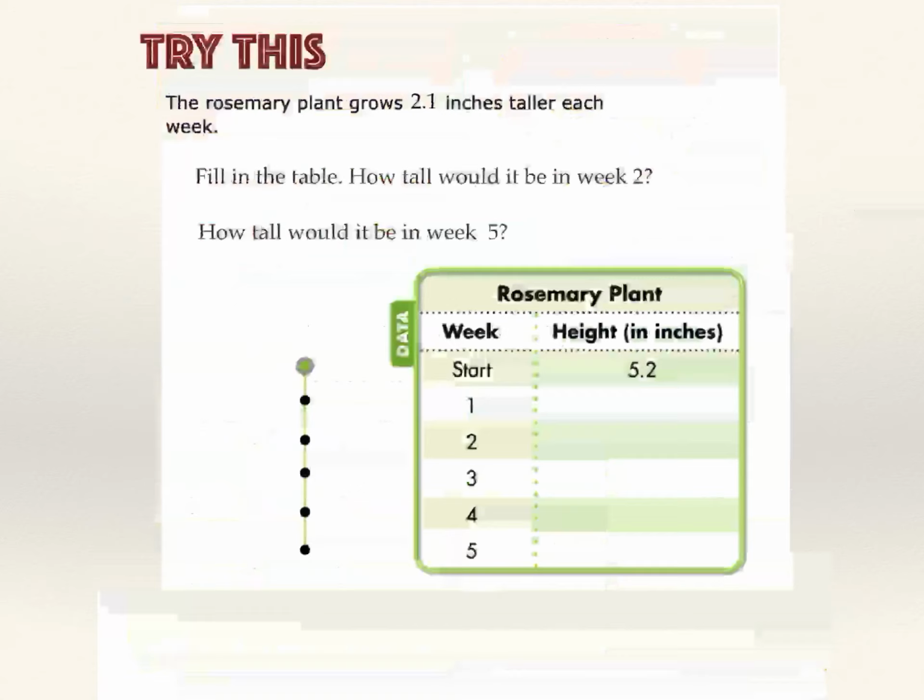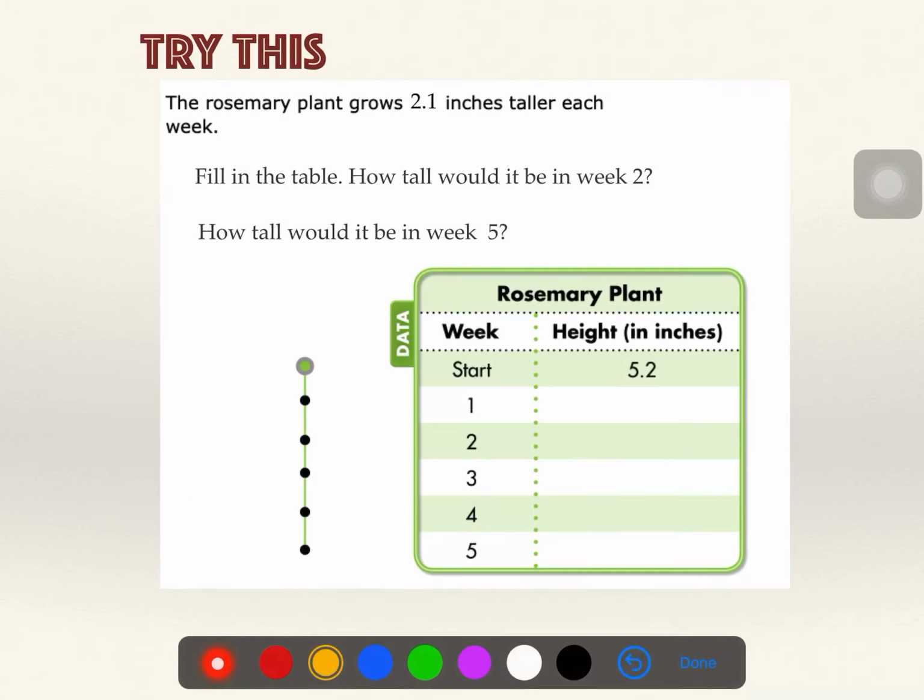Let's have you try this. What if the rosemary plant grows 2 and 1/10 inches taller each week? Fill in the table. How tall would it be in week 2? Yep, 2 and 1/10 inches each week means that at week 2, it would be 9 and 4/10 inches.